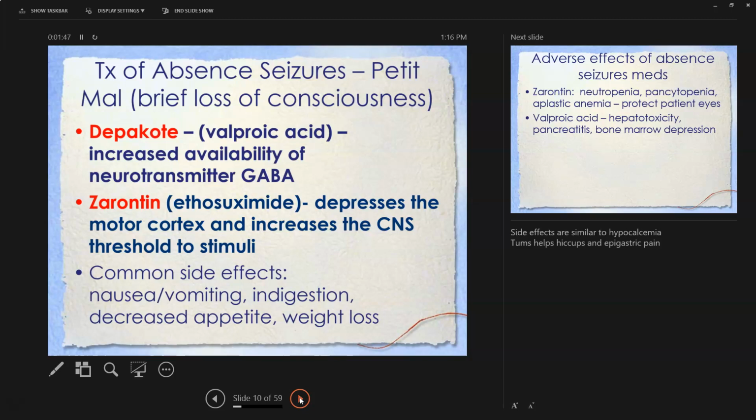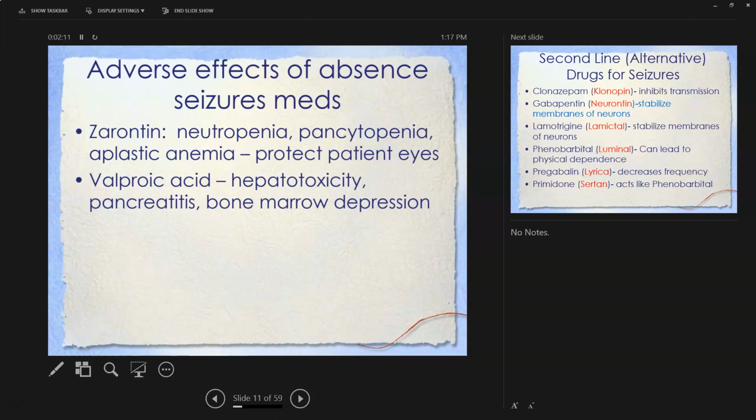With petit mal seizures, you may not even realize the patient is having one. You may think that they're just kind of, quote, out to lunch. They're there, but they're not present with you, and you may be talking and think they're hearing you, but they're not paying attention. Then they could be having petit mal seizures. Adverse effects of these are listed here. Certainly a lot of adverse effects.